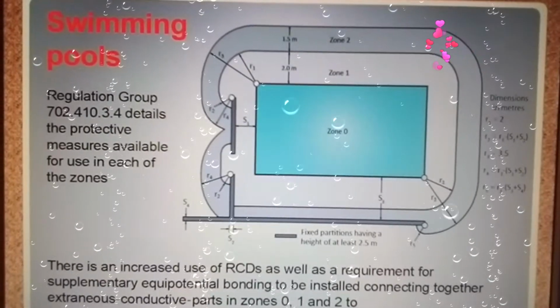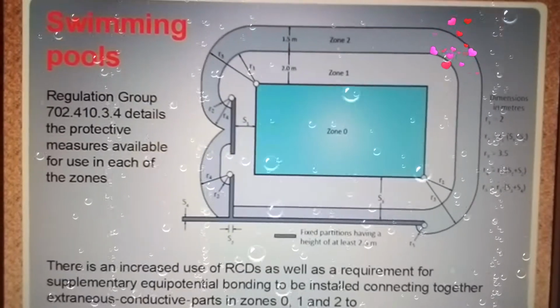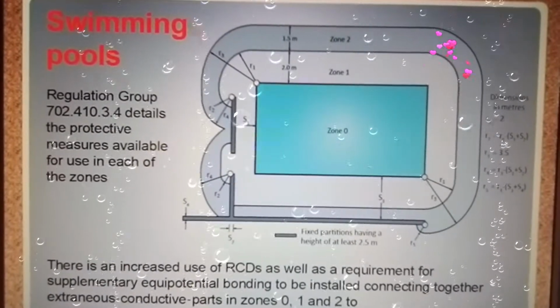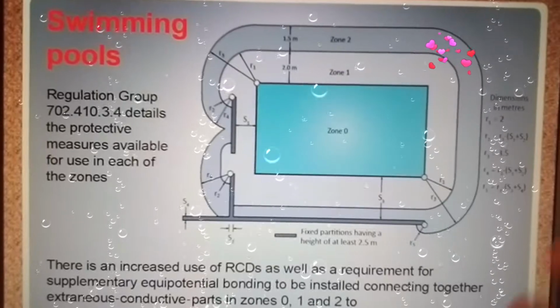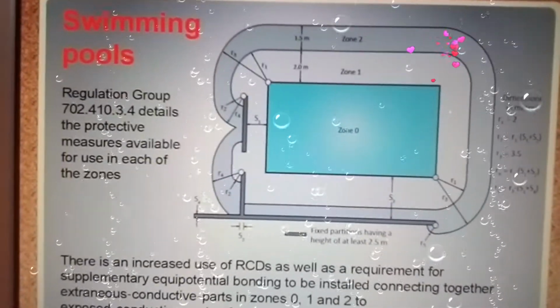In short terms, you must have good effective bonding in regards to equipotential bonding, so that when someone holds a handle going into the swimming pool, they're not electrocuted.